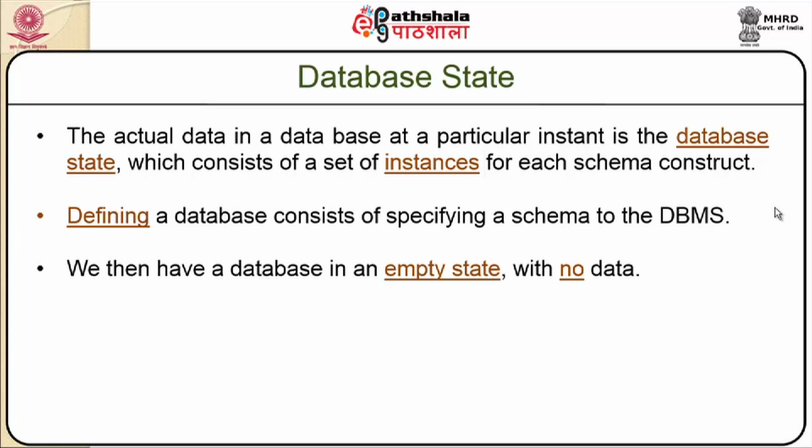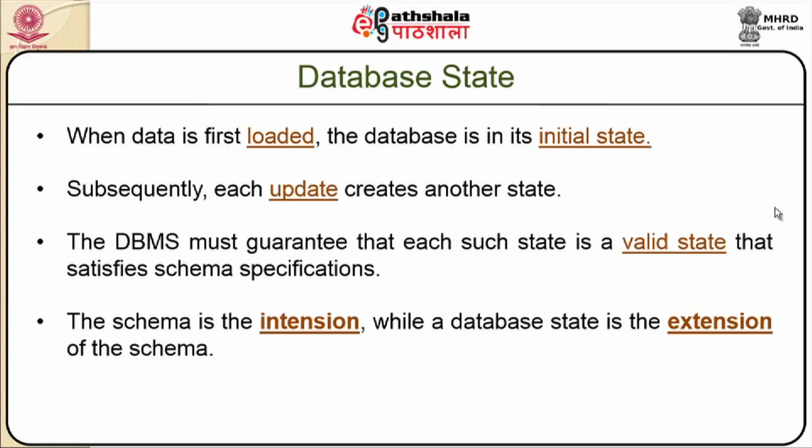We then have a database in an empty state where there has been no data. So, when the data is first loaded, the database is in its initial state. So, we have to define the schema constructs from then on. Subsequently, every update creates another state. So, every record from then on, if it has been included, or every instance been included, becomes an update and it moves from one state to the other state.